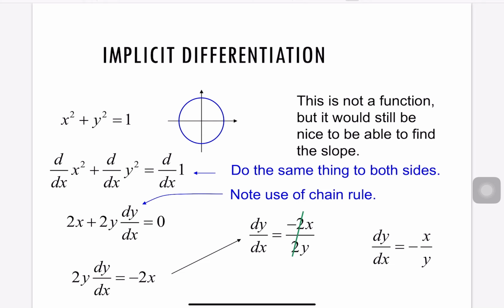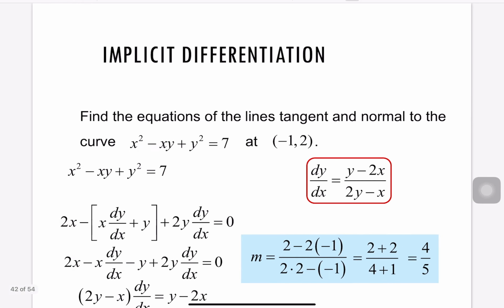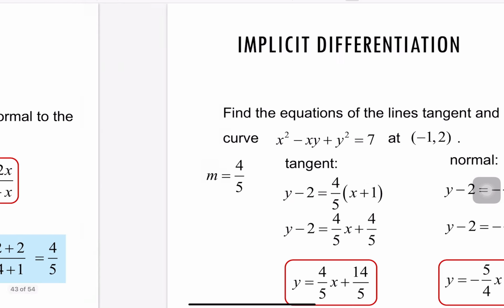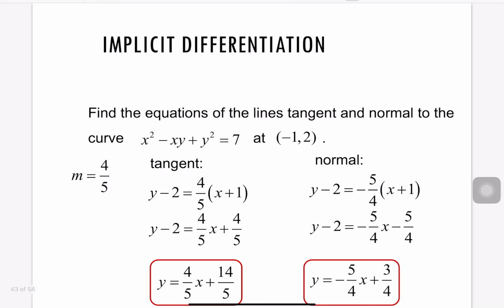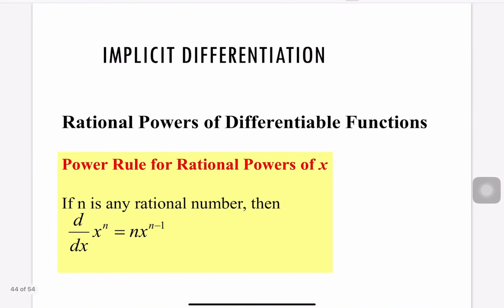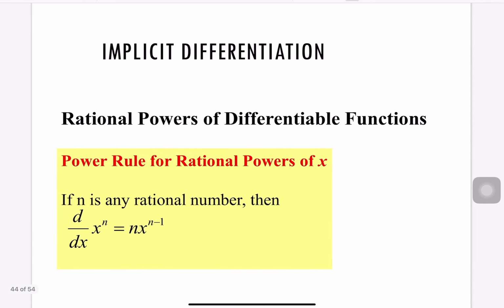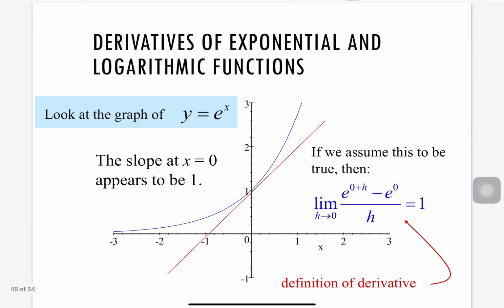And we can use this derivative rule to find a point on these curves, which are not functions. And the last step is implicit differentiation. It is for non-functions, like an ellipse, like a circle, and these forms. And it is very important.